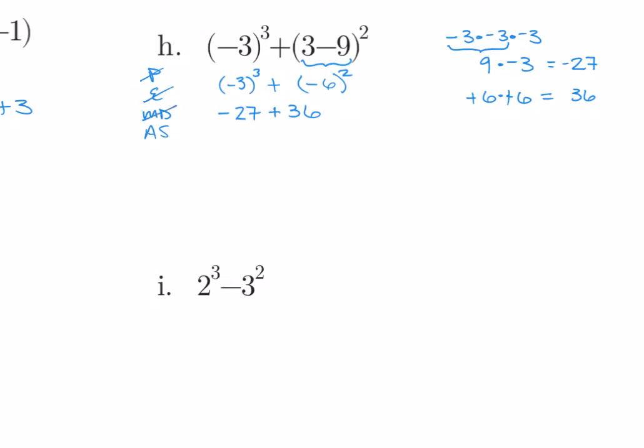We don't have any multiplications or divisions. And so now we want to go ahead and add. -27 and 36 have different signs, so we are going to subtract and keep the sign of the larger number, which is the 36. So our answer will be +9.